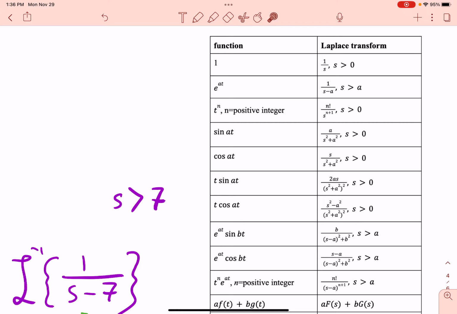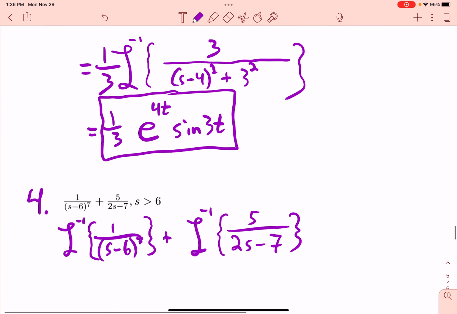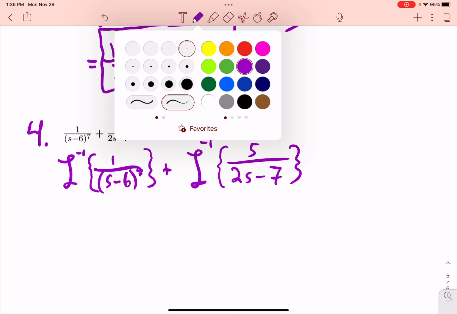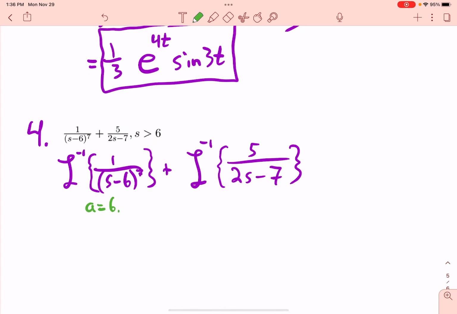We have two constants running around, s minus a. So a is that constant that follows the negative sign on the bottom. In our case, a is equal to 6. So here we have a equals 6. And the other one is n. The power here is n plus 1. So if this is n plus 1, or the 7, then n must equal 6.